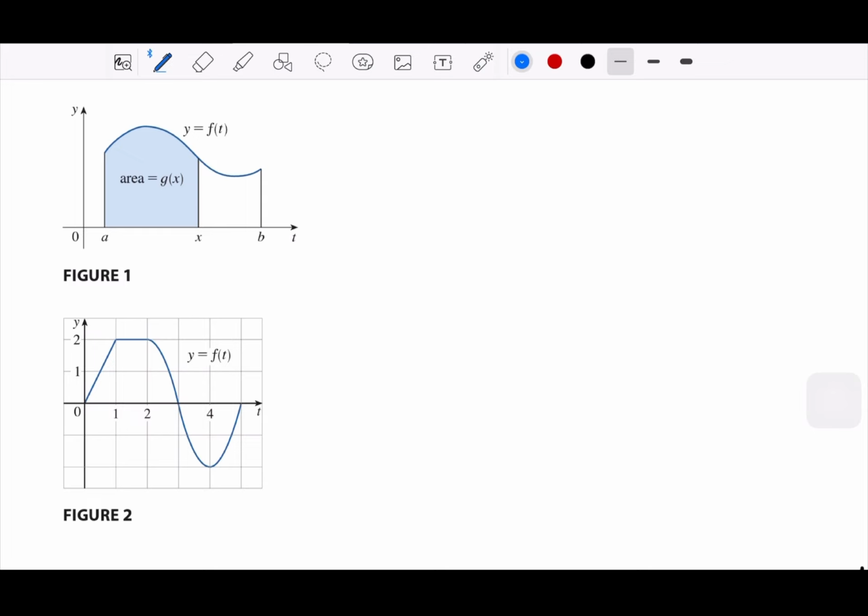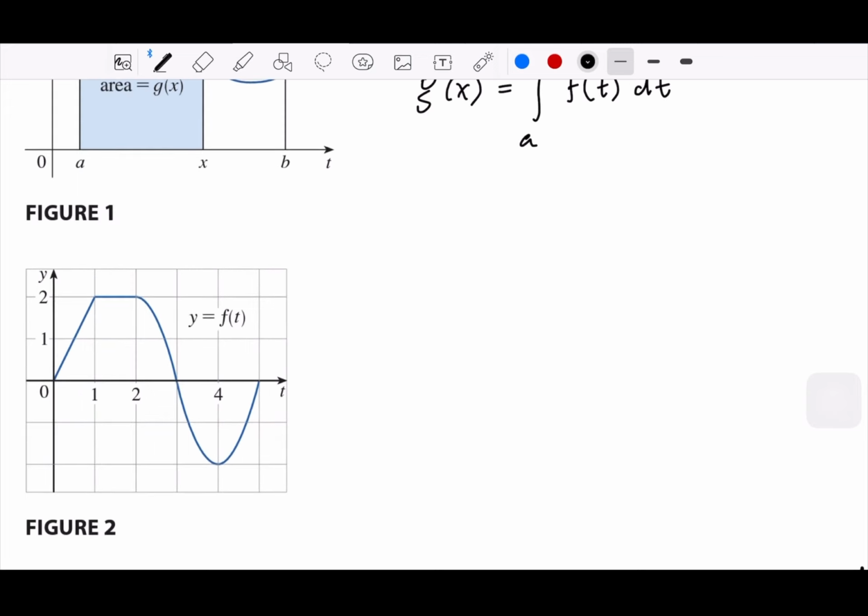If we want to take, let me write, the general formula is this. So if we take, for example, for the second figure, g of 1, this means that we are going to integrate from 0 to 1 of f of t dt.